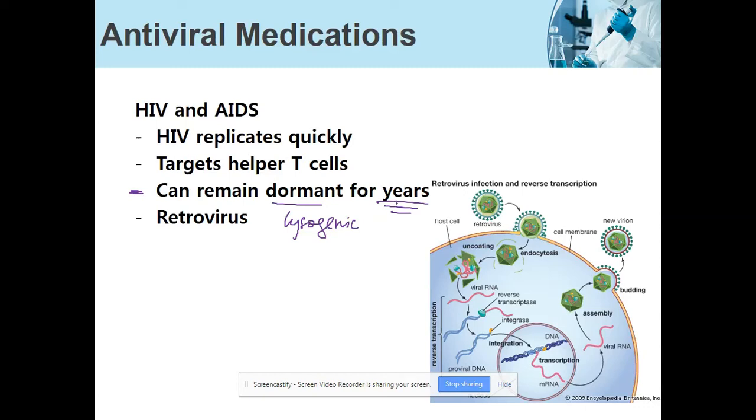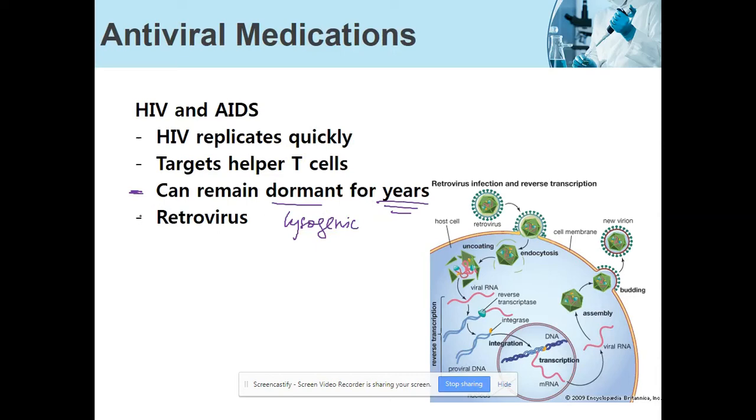If they've not been tested, they don't know that they have HIV, and they're spreading it to partners without knowing. And so in terms of epidemics, this makes it particularly challenging for us as a society to deal with the epidemic of HIV, because of that lysogenic piece of the cycle.